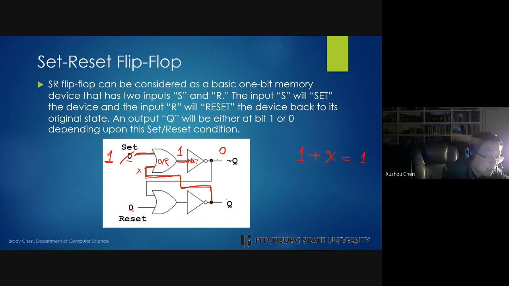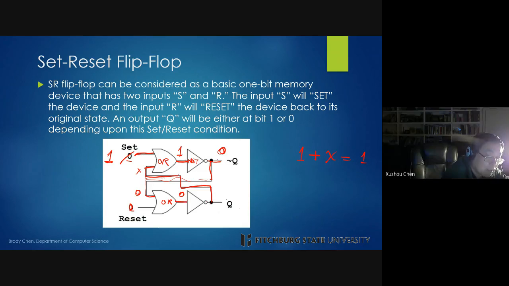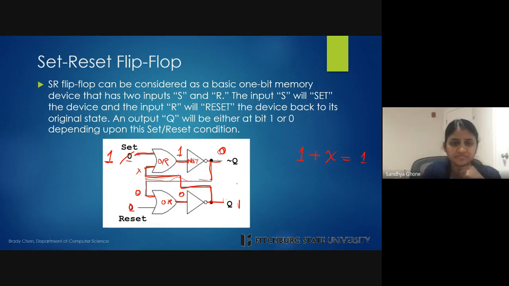If the output here is 0, then this becomes the input for the lower AND gate, so that is 0 as well. Once I set this to 1, this becomes 1, this becomes 0, and this becomes 0. Now you've got 0, 0, and the output is going to be 0, because that's all set, and that's 1.